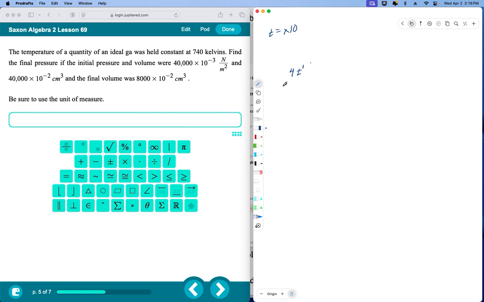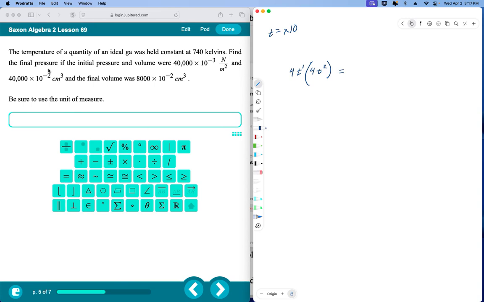Now the volume, the initial volume, is going to be 4 times 10. Let's see what that is. So 1, 2, 3, 4 plus 4, because we're moving to the front of the number, forward progress, plus 4 is going to give me a positive 2, is equal to, we don't know the final pressure.